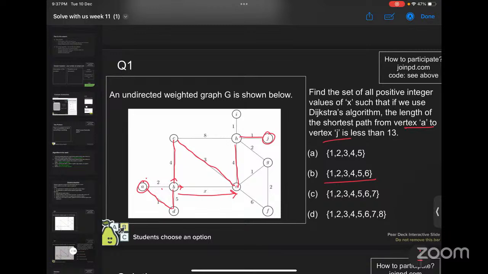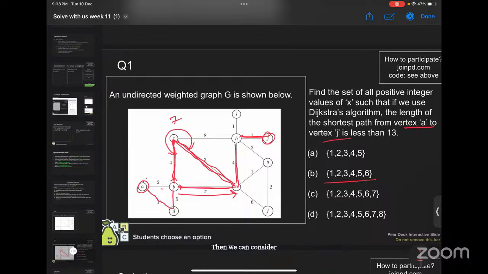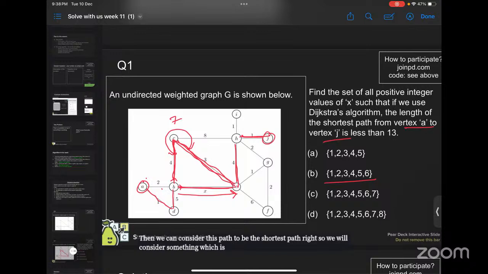Again this portion of the route is the same; the only difference is this way. The total distance of this path is 4 plus 3, that means 7. If this distance is less than 7, then we can consider this path to be the shortest path. So we will consider something which is less than 7.